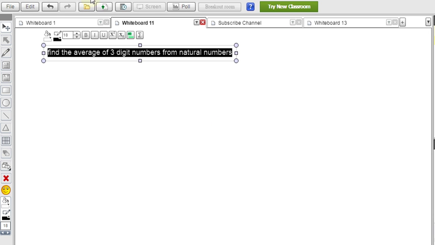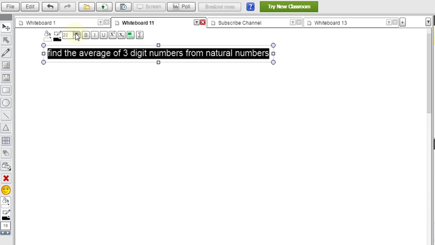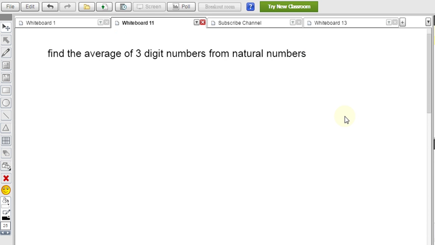In the 3-digit numbers, we have the natural numbers.